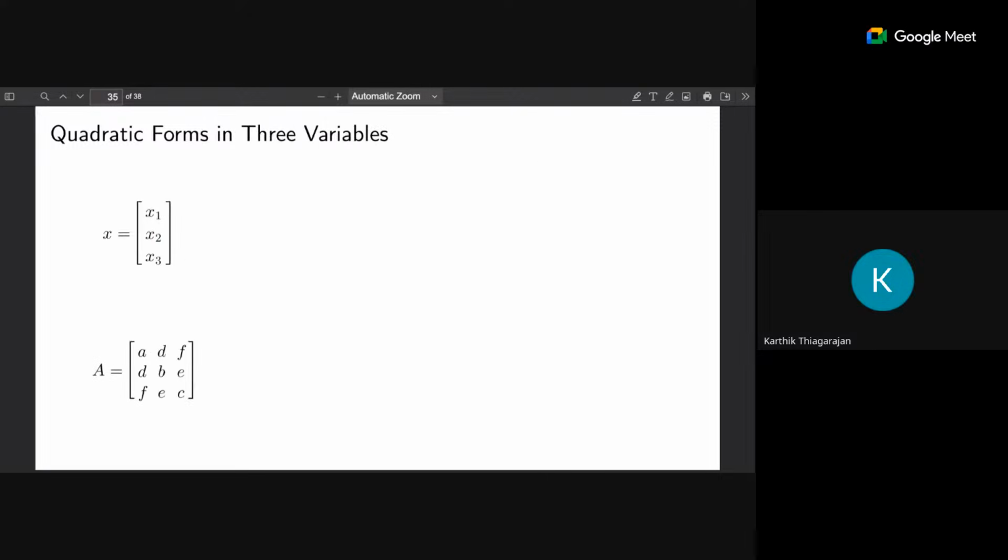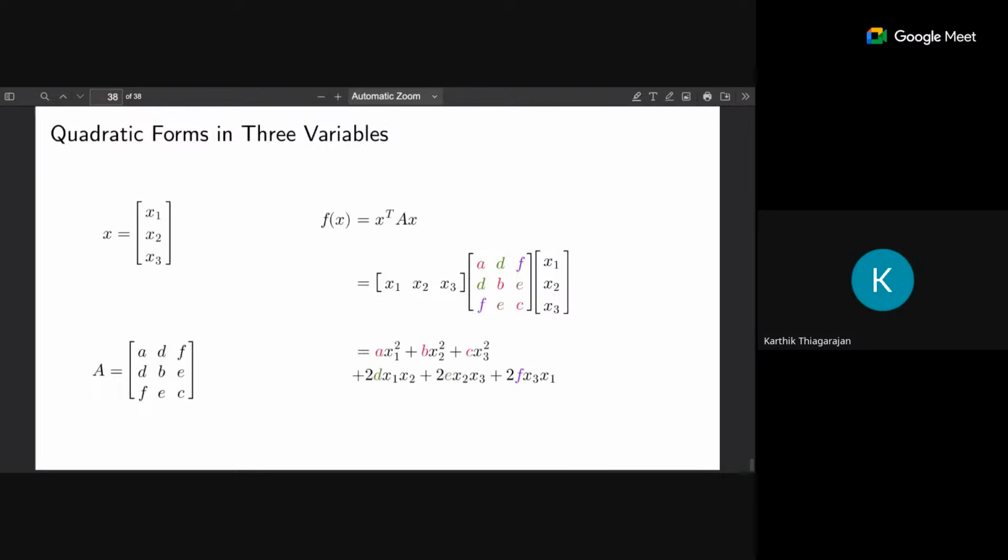Three variables. I'll quickly do this three variable part also. X transpose AX. How do you determine what goes into these equations? Again, the same logic. You look at the diagonals. The diagonals take the coefficients of pure square terms, so A, B, C. And then this 2D: how do you determine that this 2D has to be x1, x2?